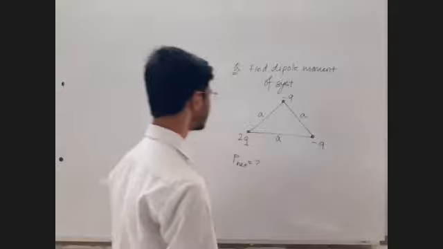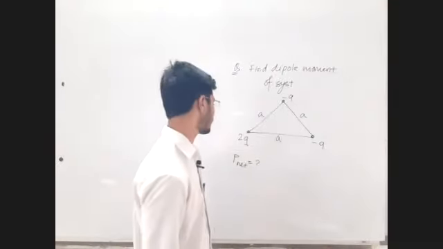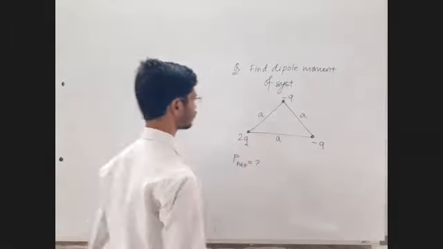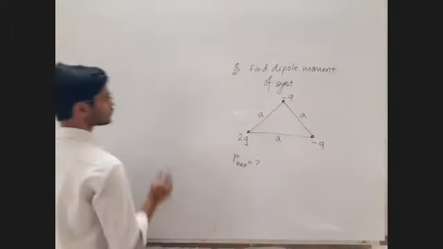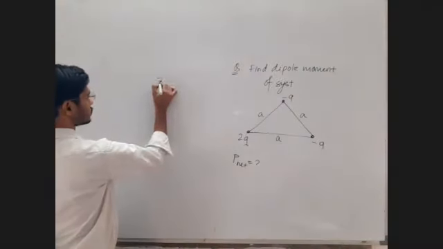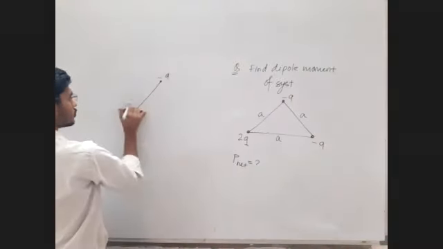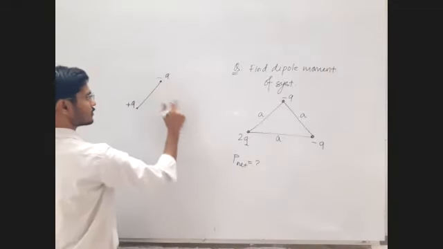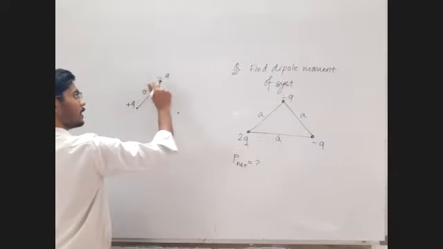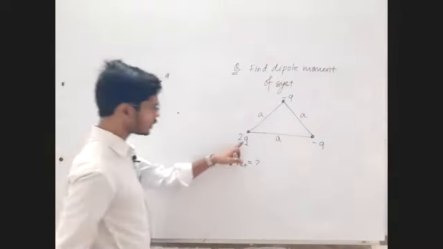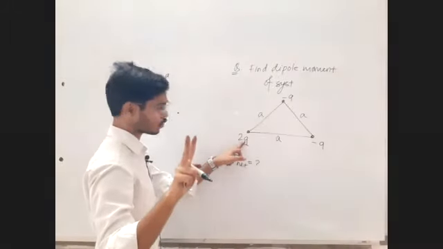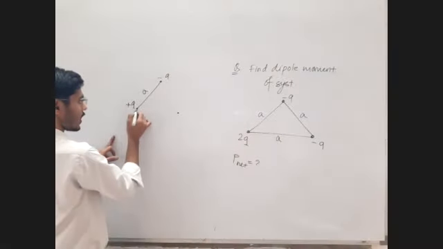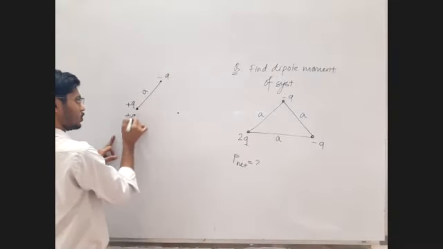Very simple. You have to find out how many dipoles are present. You can replace this 2q by q and q, and make 2 dipoles like this, minus q plus q. Forget about this side. Here we have one dipole, minus q plus q. This 2q can be divided into two single q's: first this q, and at the same point another plus q.